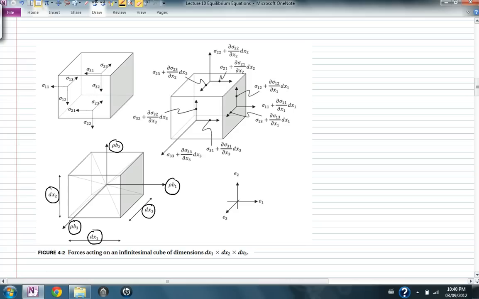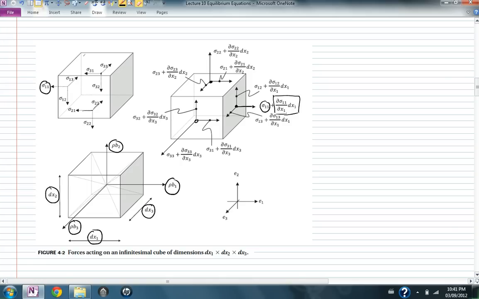The stresses on the faces behind the box are sigma 11, sigma 12, sigma 13, sigma 21, sigma 22, sigma 23, sigma 31, sigma 32, sigma 33. On the faces that I'm looking at here, if this is sigma 11, then the value of the stress here is sigma 11 plus a little bit more, due to assuming that sigma 11 is a continuous and smooth function.